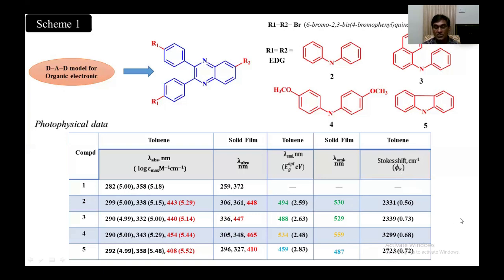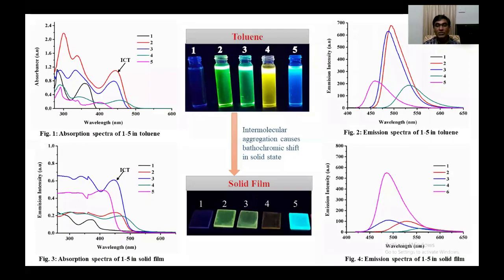Now this is the absorption plot of these 1 to 5 molecules. One is your central core moiety, the phenoxaborin moiety, and when you attach these amines, you can see here n to pi star and pi to pi star transitions for the whole molecule, and the ICT above 400 nanometers is due to the charge transfer from the donor amines to the central core. Now in these pictures you can see these molecules in their solution state, and this is the solid state.